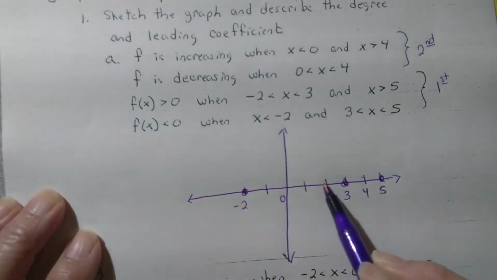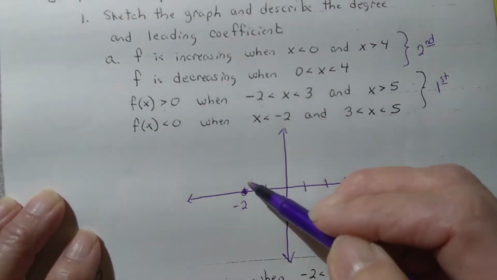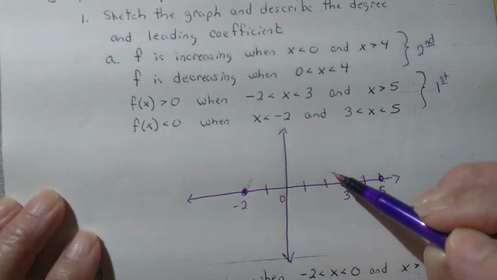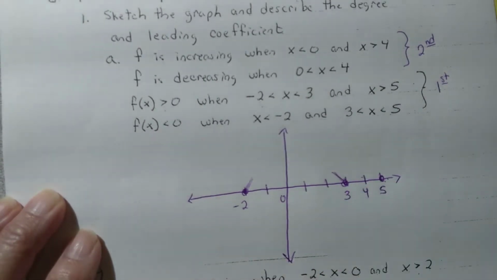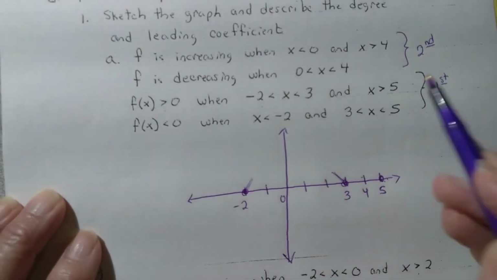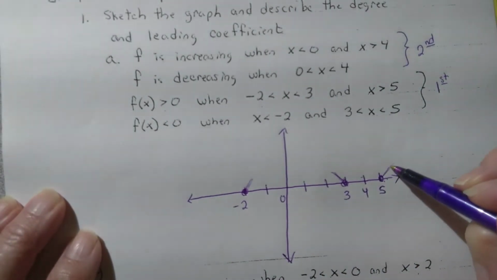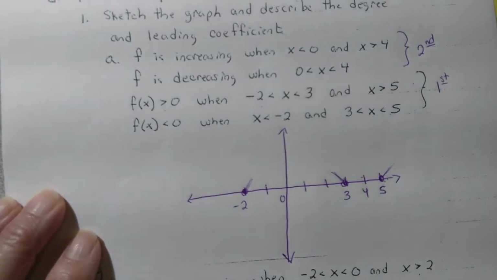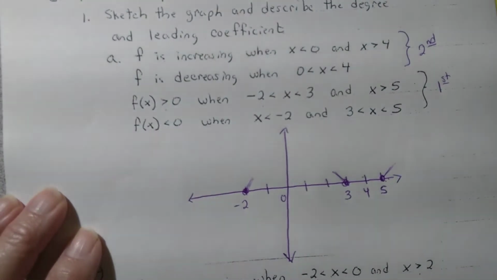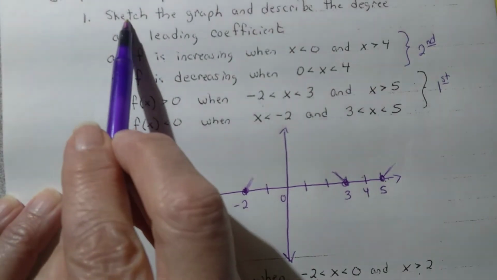So in between -2 and 3, my graph is above the x-axis. So I just kind of draw a little sketch like that, above the x-axis, so I'll remember. After 5, it's also above the x-axis. Again, not trying to be perfect, I am sketching a graph.